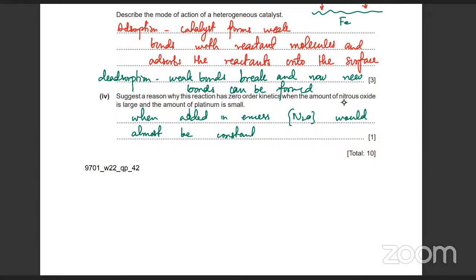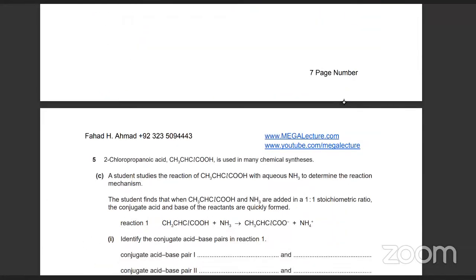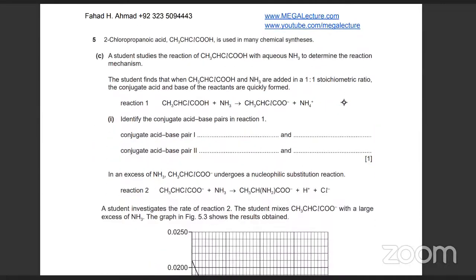अच्छा अब अगला पार्ट, और एक सेकंड देना. अच्छा, the first one, identify the conjugate acid base pairs in reaction number 1. इसमें दो acid base pairs हैं.